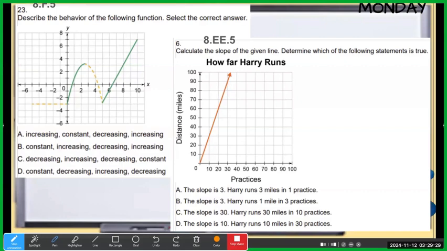I thought I remembered doing it. I thought I put the correct answer. You thought you put the correct answer for the one? I don't know how. I thought I did.